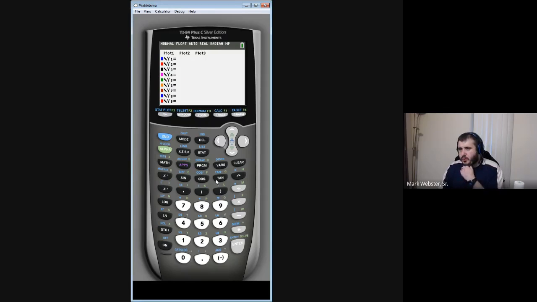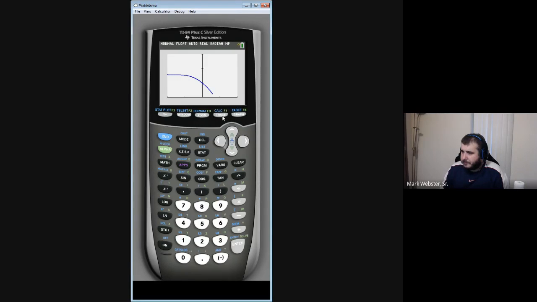We can't do cosine of x equals x. But what we can do is just like what I did in Desmos, y equals cosine of x, close parentheses, minus x. And I'm going to go to the trace function.